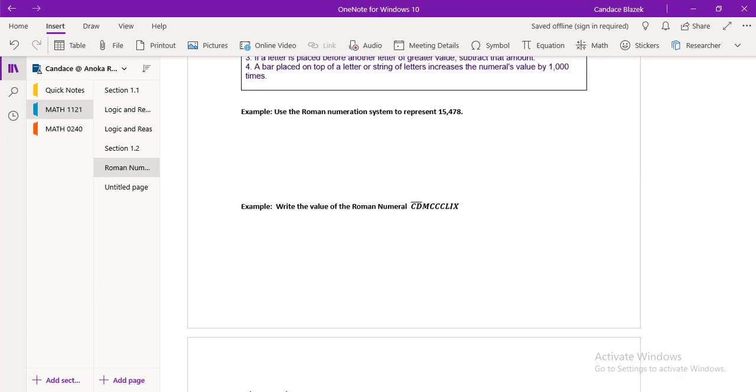So we want to use the Roman numerals to represent 15,478. I know I have to take care of this 15,000 first. X is 10 and V is 5. So XV, which is 15, with a bar over it will be 15 times 1,000 or 15,000.